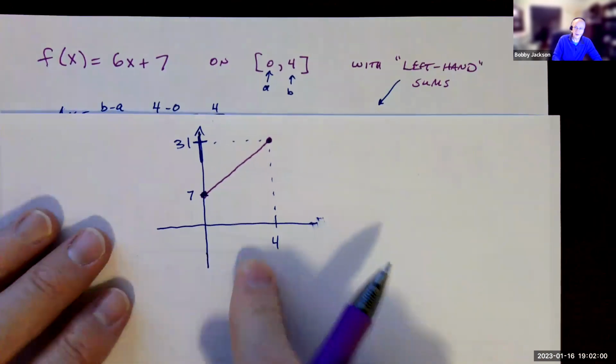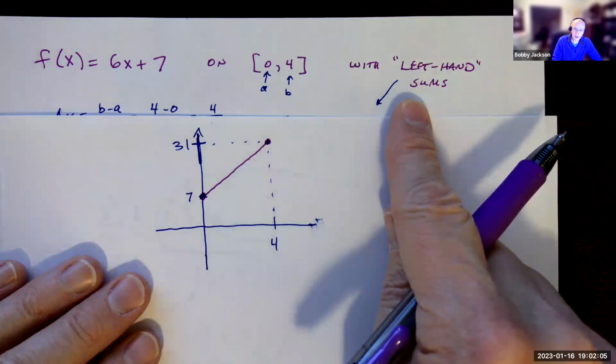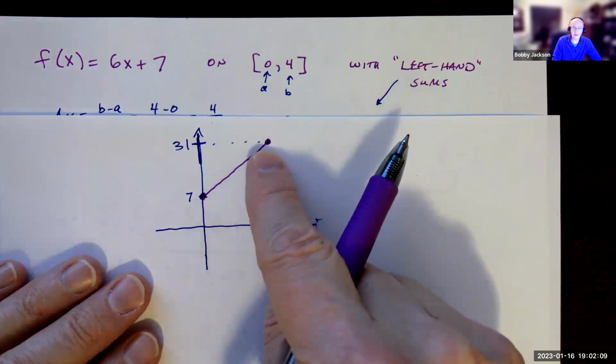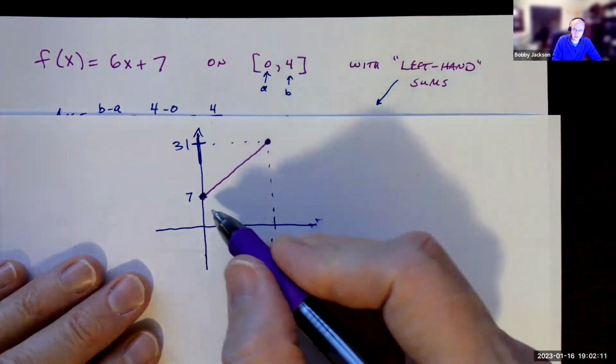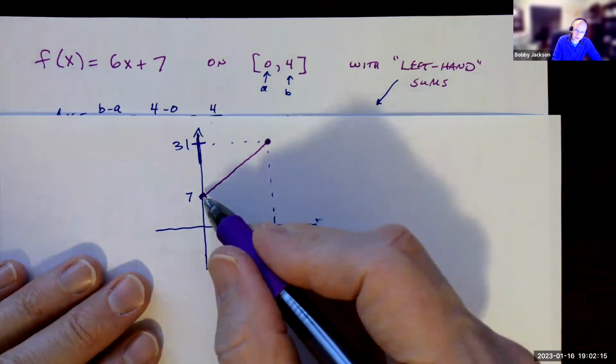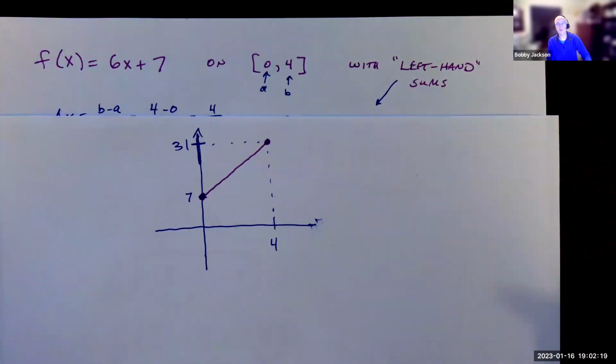Now, what we're going to do with this left-hand sum is approximate the area under this curve, which in this case is just a line. Obviously the area under this curve is a trapezoid, or you can think of it as a rectangle and a triangle, and you can find the area of those two shapes very quickly.